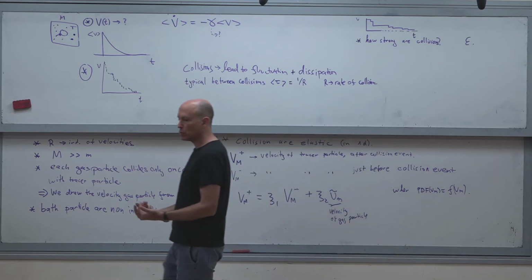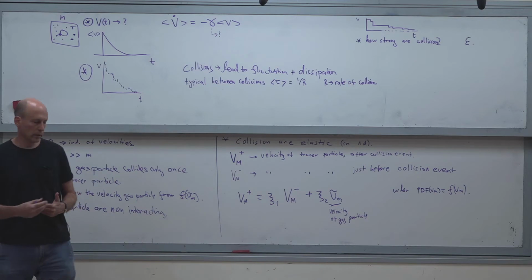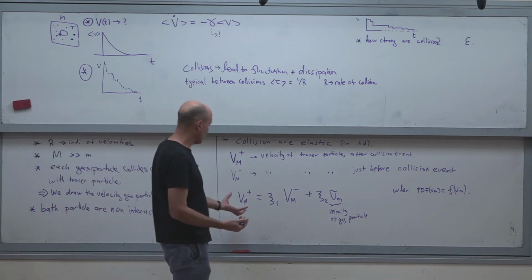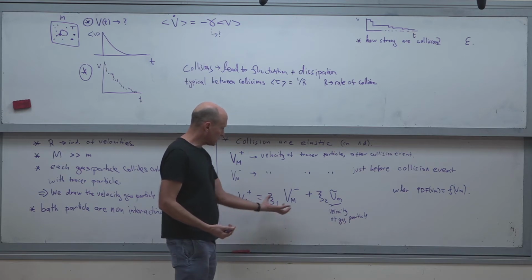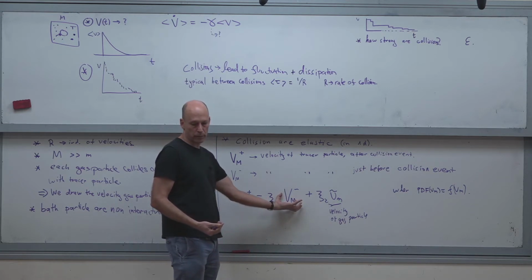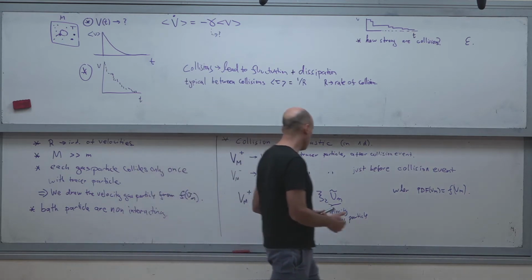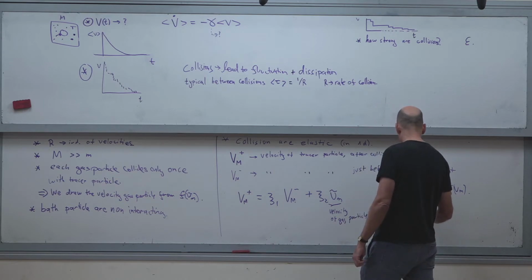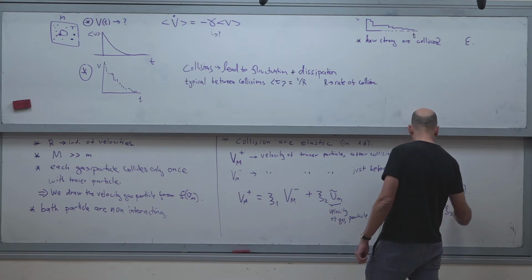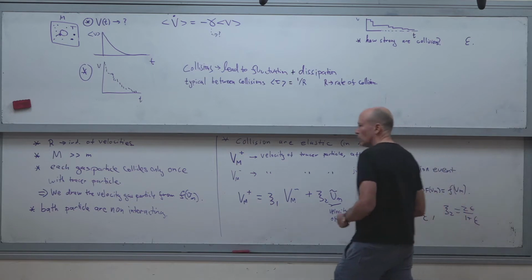But you have two equations, and then you can get rid of some of the variables, and then you have Vm plus as a function of the velocity just before. And from this conservation of energy and momentum, you get psi1 and psi2. This psi1, if I remember correctly, is (1 minus epsilon) over (1 plus epsilon), and psi2 is 2 epsilon over 1 plus epsilon.